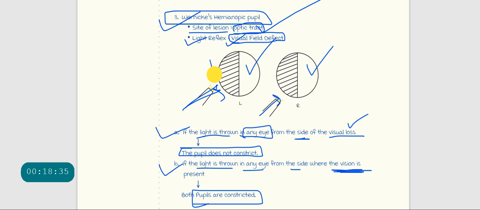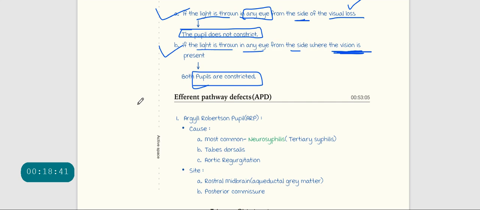The next is the efferent pathway defect. We studied the afferent pathway defect; now we are going to the efferent pathway defect. The first is Argyll Robertson pupil. How is it caused?